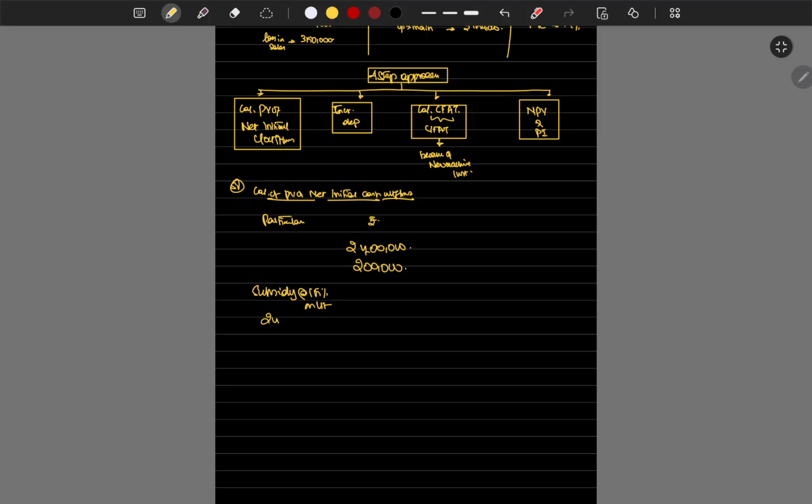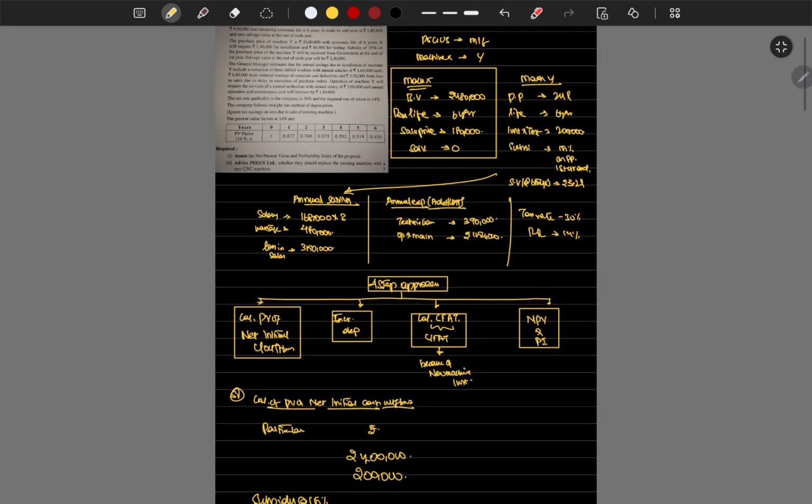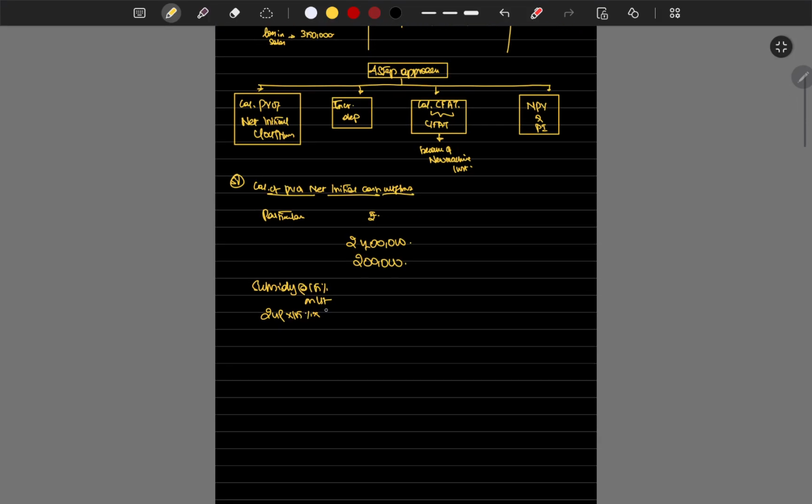So 24 lakhs into 15% into the PV factor for the first year, which is 0.877, because we are calculating the PV of net initial cash outflows. So 24 lakhs into 0.15 into 0.877, which is 3,15,720. Okay, this is the subsidy we are getting.